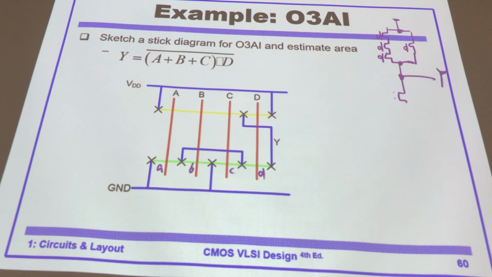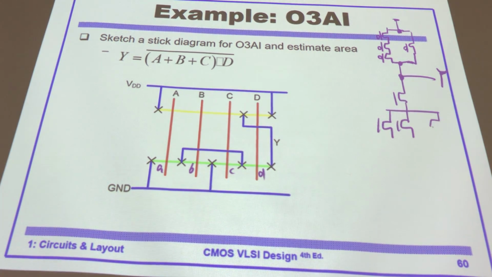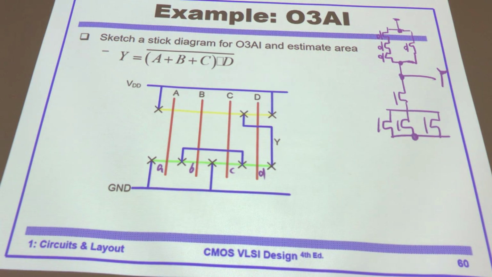D is actually at the top. And then the 3 NMOS transistors. Then they go to each other. And again, A, B, C, and D.